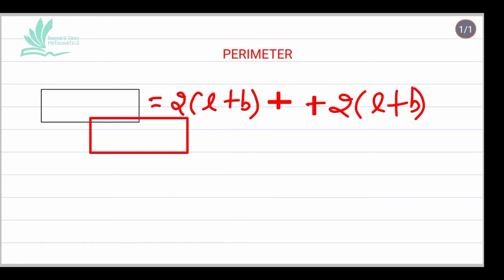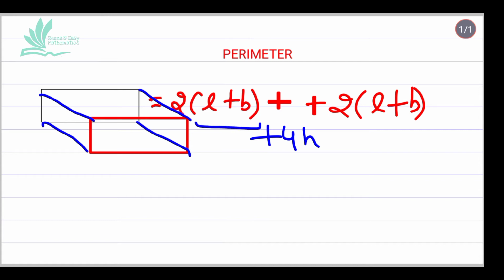And if I want to make it a 3 dimension figure, I have to give some height also. And how many heights or how many edges of heights are here? It is 4 height.